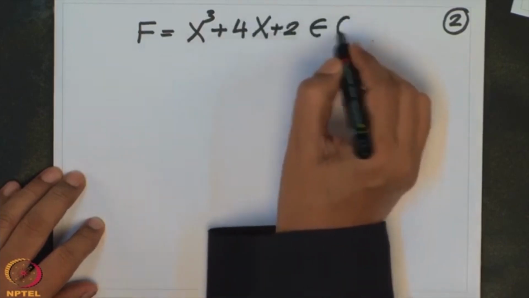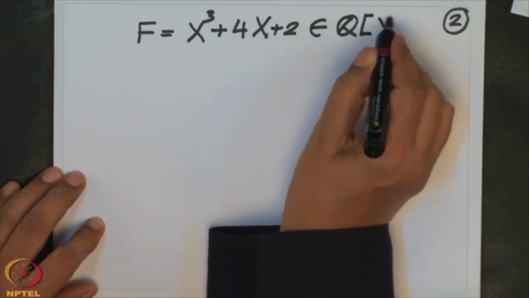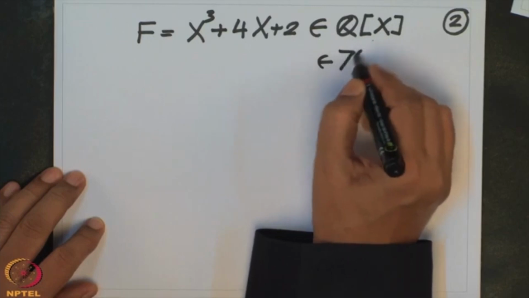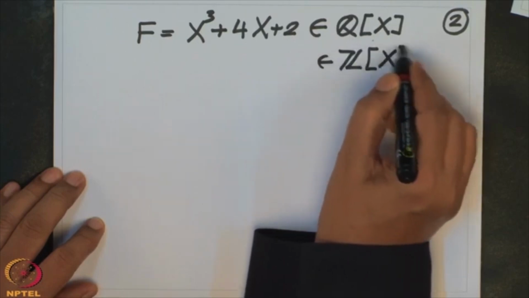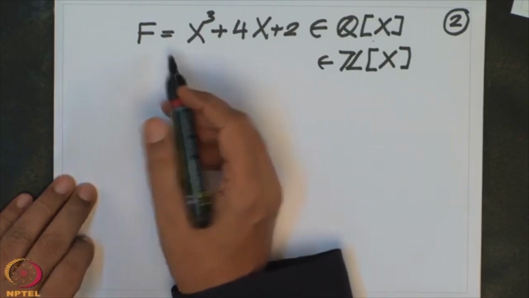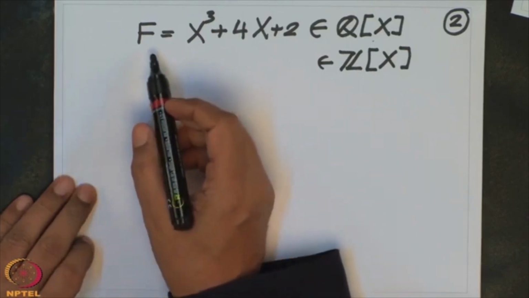This is a polynomial with rational coefficients, actually with integer coefficients. I want to analyze whether f is reducible or not. If f is reducible, the only possibility is that it has three linear factors, or one linear and one quadratic factor.